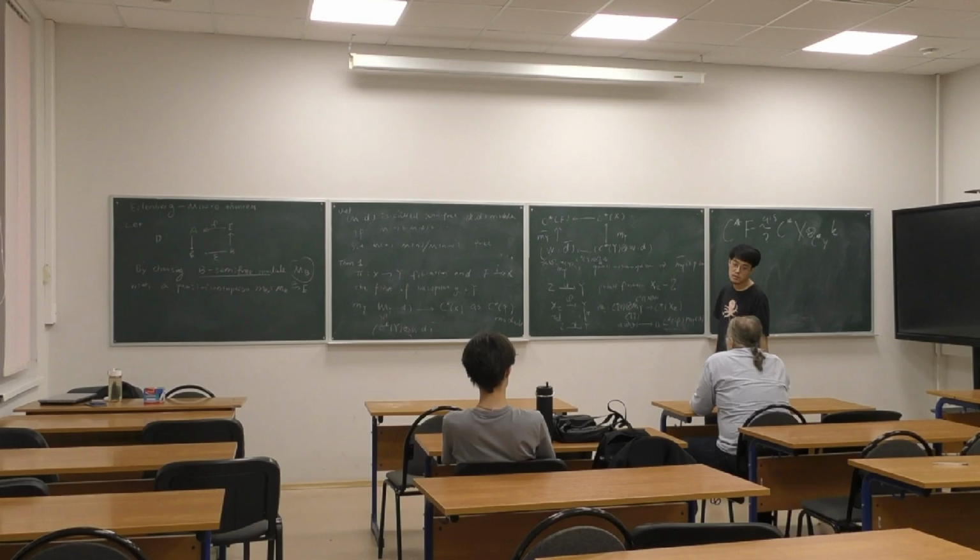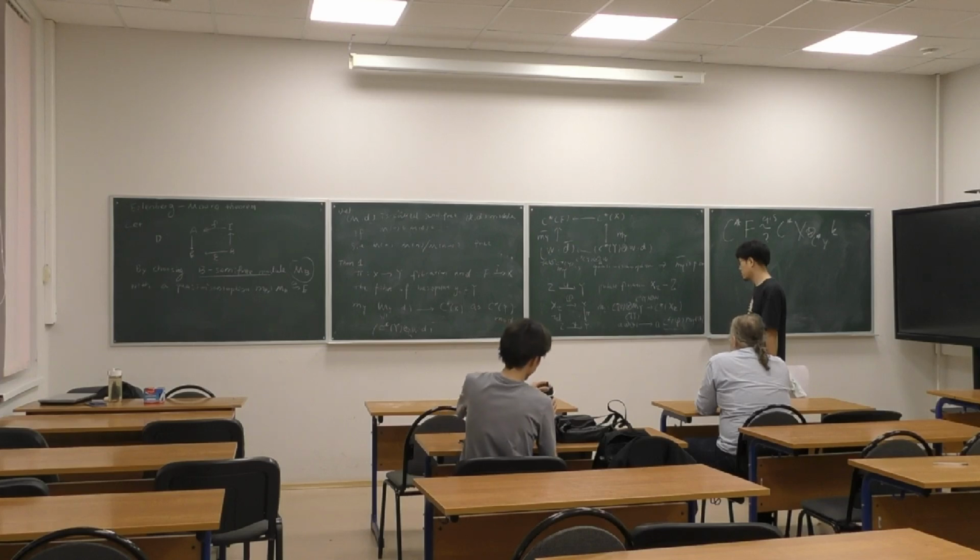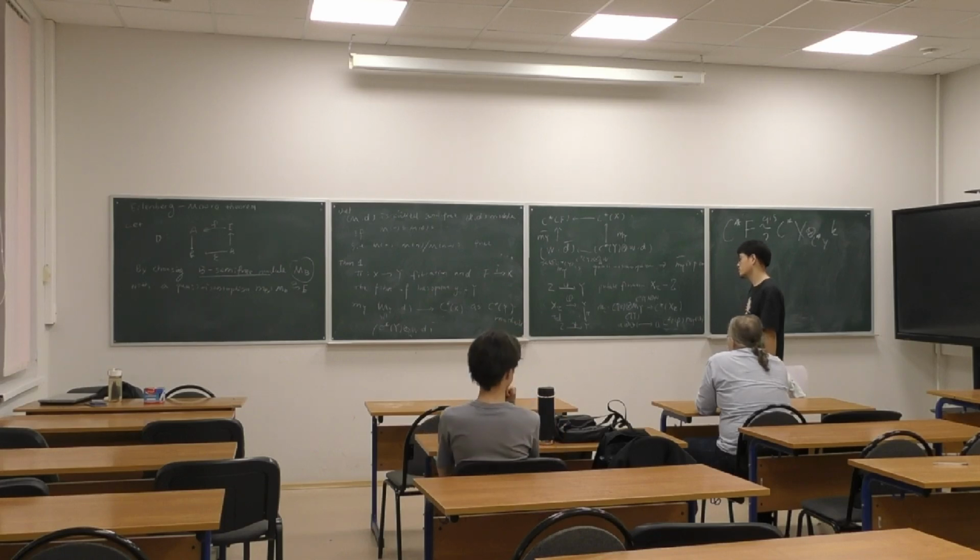I don't understand. So you claim that there is this map. Why? How do we construct this map? General nonsense. Actually we can't use the general nonsense because M, the capital M, is just a module.